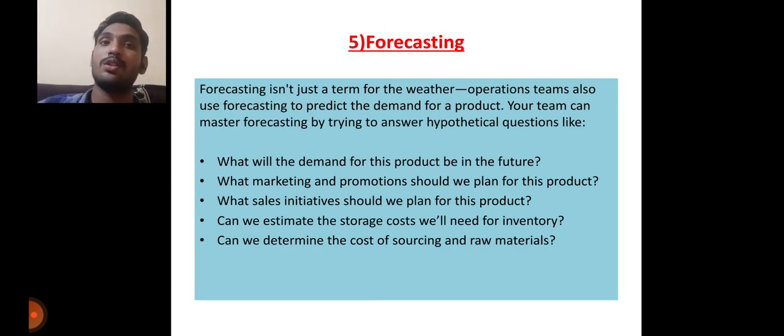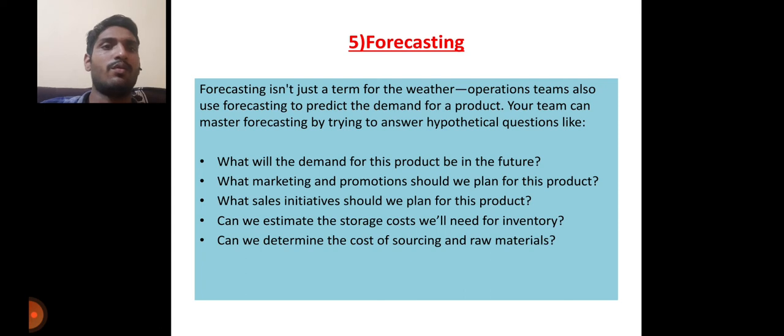Fifth one is forecasting. Forecasting isn't just a term for the weather. Operations teams also use forecasting to predict the demand for a product. Your team can master forecasting by trying to answer hypothetical questions. For example, first, what will the demand for this product be in the future?